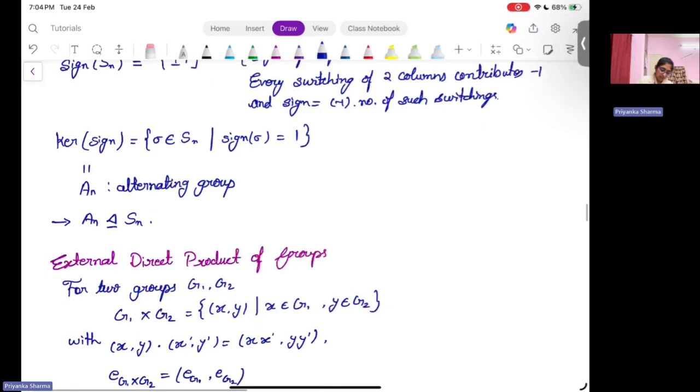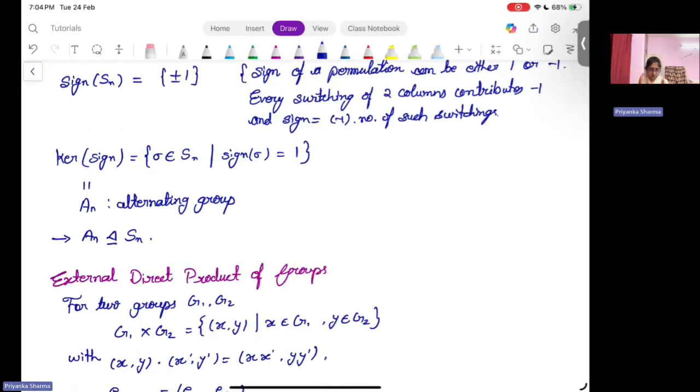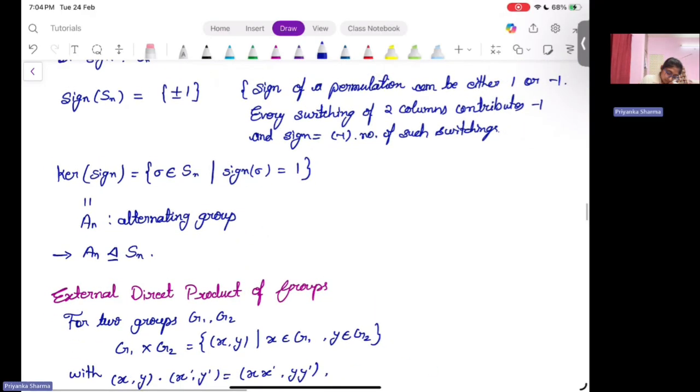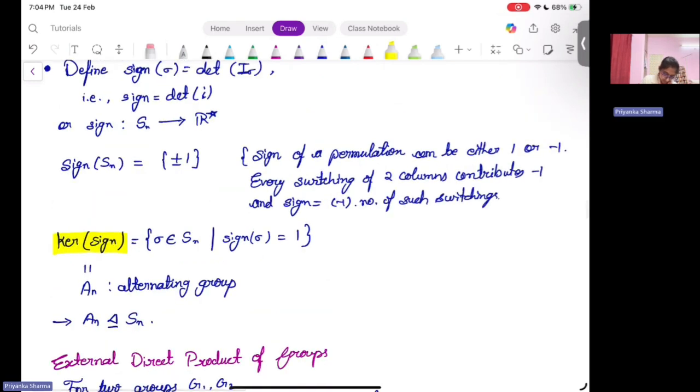And the collection of all those permutations which have signature 1 forms a group of Sn, and this group is known as the alternating group. This is actually the kernel of the signature map.